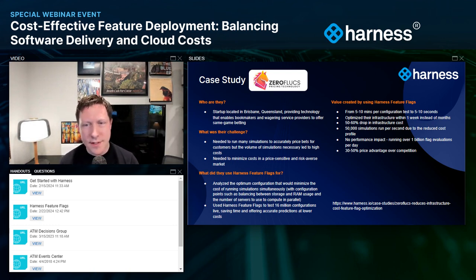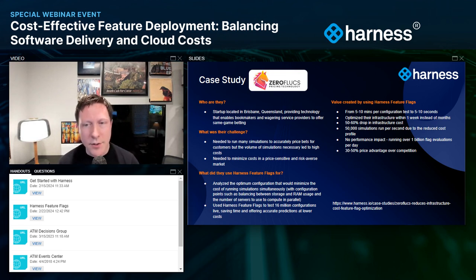And as you see in some of the stats on the right, they had a 50 to 60% drop in infrastructure costs because they changed the way they deliver software, and they changed the way they deliver testing for their software processes by using feature flags. And this is an interesting use case because usually when people think about feature flags, they think about just deploying code in a disabled state and then releasing it to their customer, right?